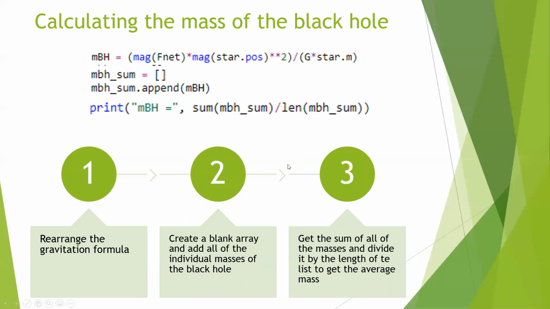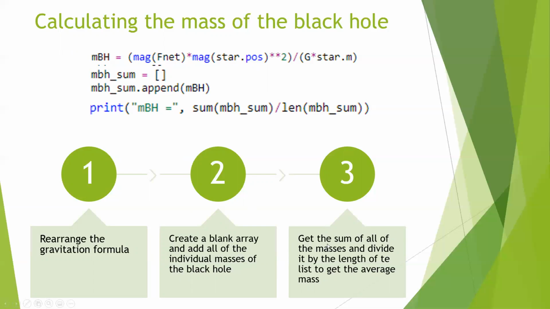And using the values that were given from the code before, I calculated the mass of the black hole. So I used the rearranged version of the gravitation formula to solve for mass 1 instead of force gravity. And with those masses, I created a blank array to hold all of the individual masses of the black hole at each given point.